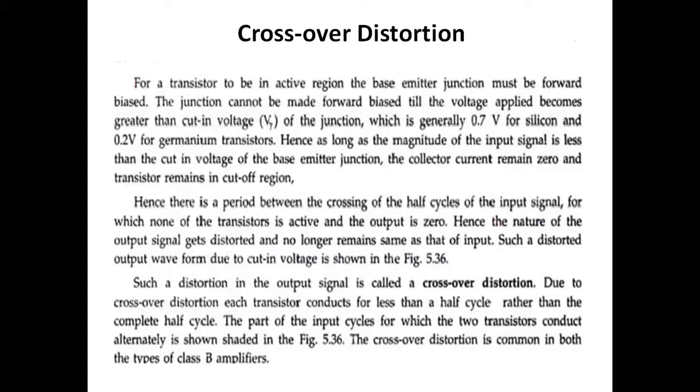In a class B amplifier, the operating point is on the x-axis and the conduction angle is 180 degrees. That is, the transistor conducts for half a cycle of the input signal, and the efficiency is 78.5%.